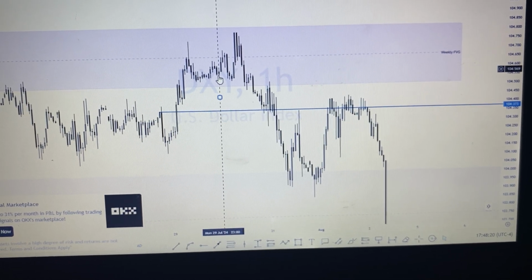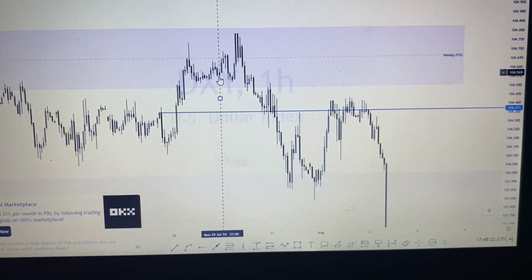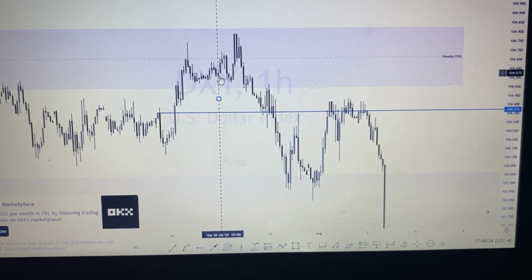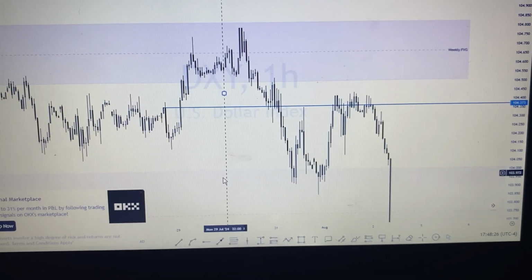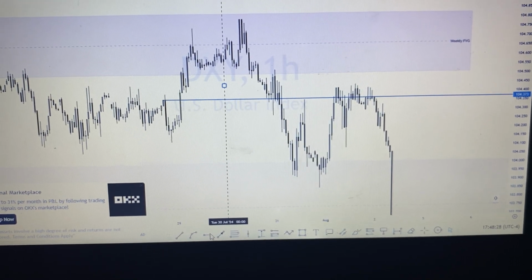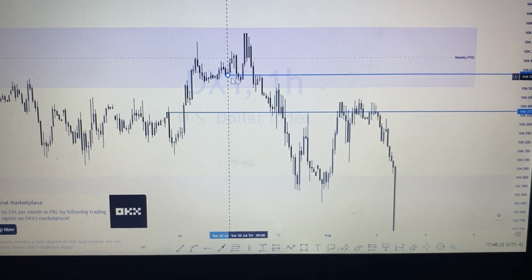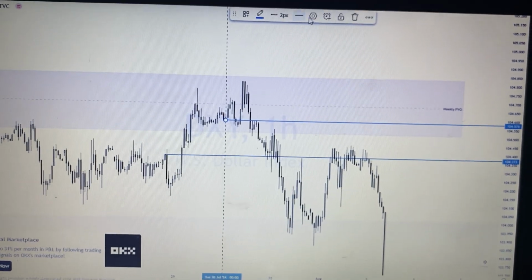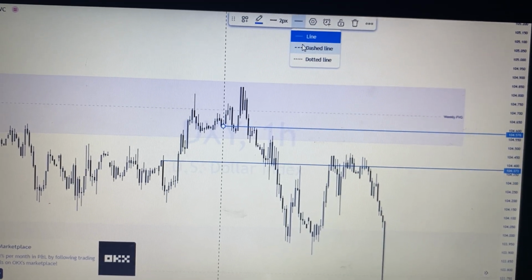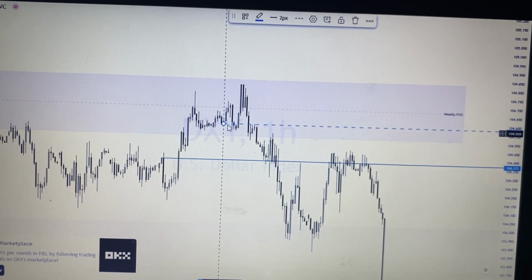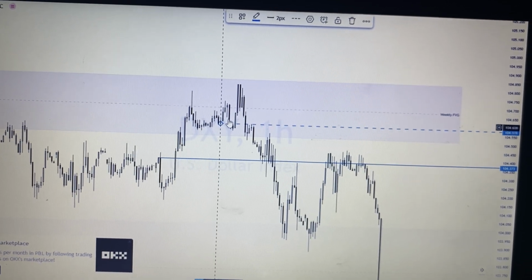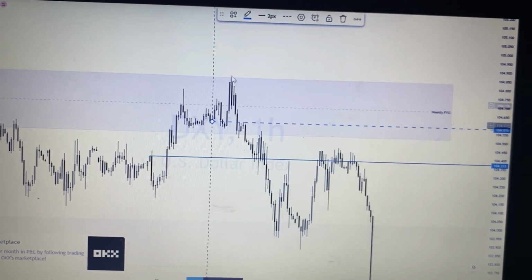Here it is. Inside the weekly fair value gap, we open midnight. Let me just do this so that you can see it. So there is midnight. I'm gonna make it a dashed line. So we open. We go up, come down at that midnight level, and then shoot up.